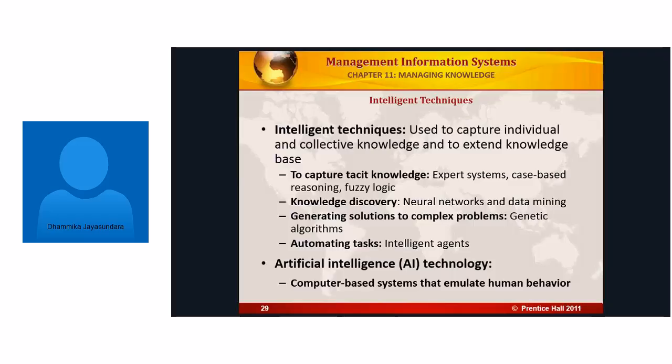So it's a separate huge area. So you can just have a search on Google for artificial intelligence technologies, right? So we'll just go through the techniques. So it's basically computer-based systems that emulate human behavior, artificial intelligence.